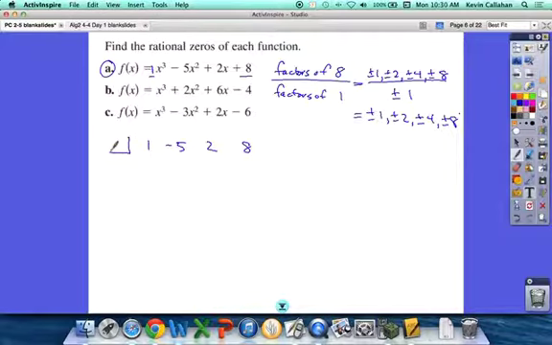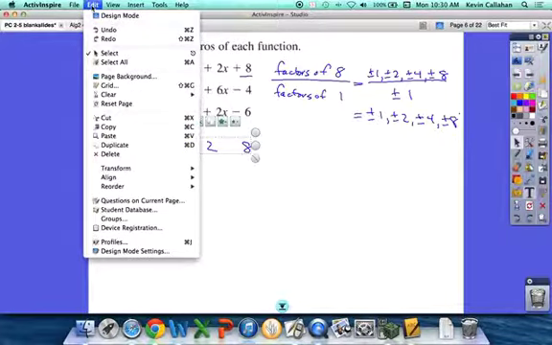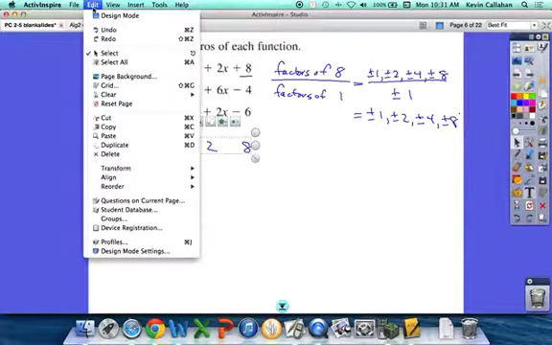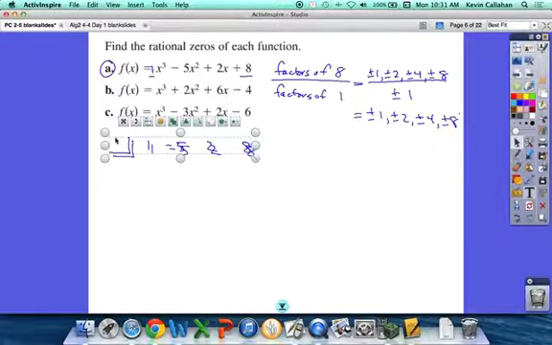In fact, let me do this. Edit, paste. Oh, that's wrong. Try this again. Edit, copy, edit, paste.